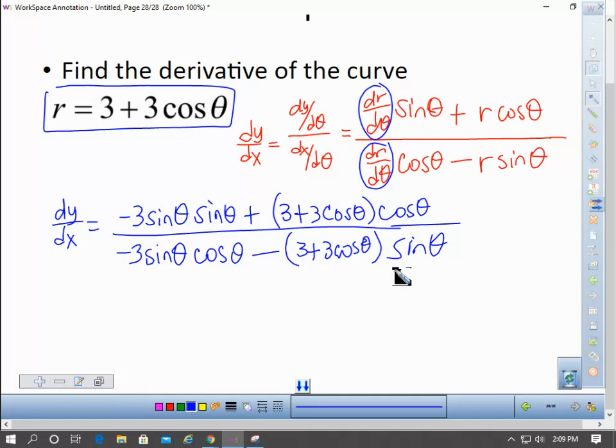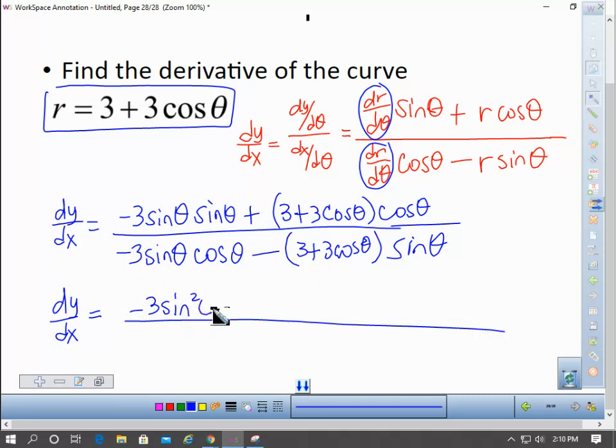All right? But if we want to multiply it out to simplify it a little bit, here in the numerator I've got negative 3 sine squared. And then here I'm going to have 3 cosine and 3 cosine squared. Okay, 3 cosine and 3 cosine squared.